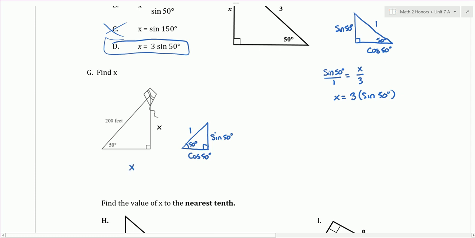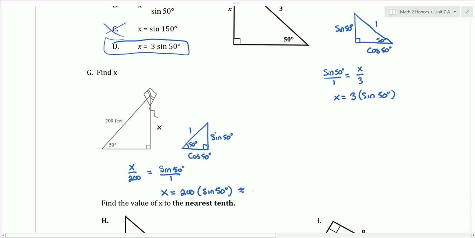So x over 200 is going to equal sine of 50 over 1. If I cross multiply, I get x is equal to 200 times the sine of 50. Without a calculator, that's as much as we can do.